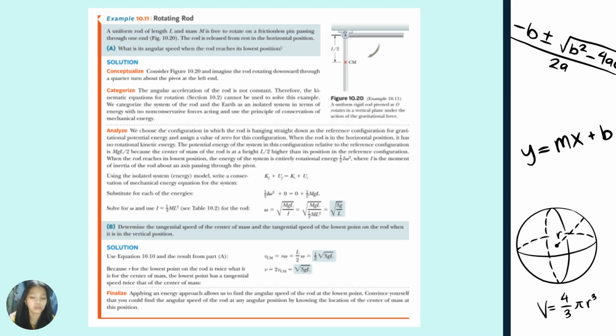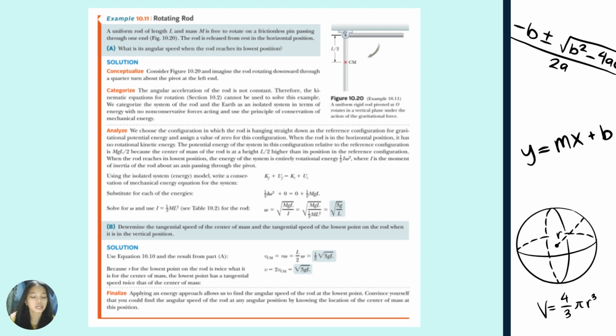So this is the solution. Conceptualize: considering the figure, or the image, the rod rotates downward through a quarter turn about the pivot at the left end. The angular acceleration of the rod is not constant.